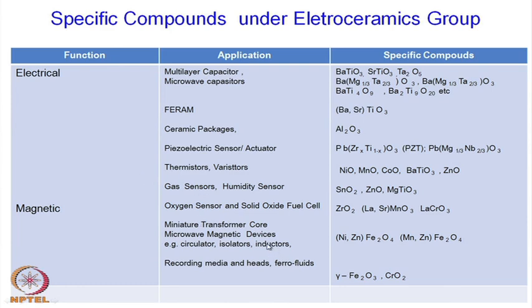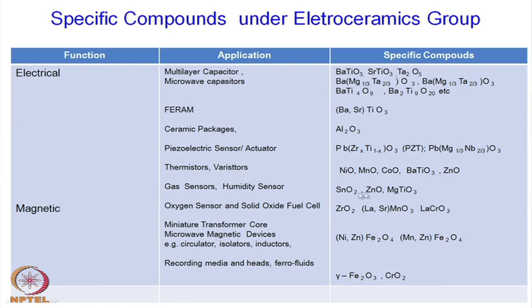some of the oxides can also be used for sensing the presence of gases, particularly reducing gases or combustible gases. So, gas sensors can exploit the variation of electrical conductivity as a function of gas concentration in oxides like tin dioxide and zinc oxide.